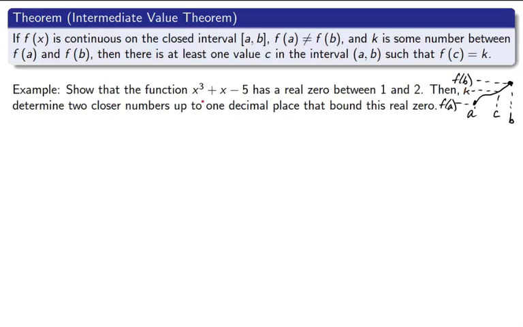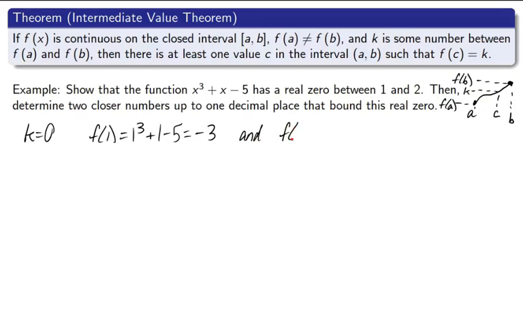We want to show that the function x cubed plus x minus 5 has a real 0 between 1 and 2. So here's how we do this. We're going to think of k as 0. If I can find an a and a b so that the function is positive above and negative below, or vice versa, then because 0 lies between any negative and positive number, there does exist a 0 there. f of 1 is 1 cubed plus 1 minus 5, which is negative 3.